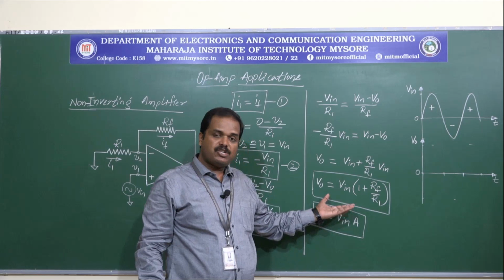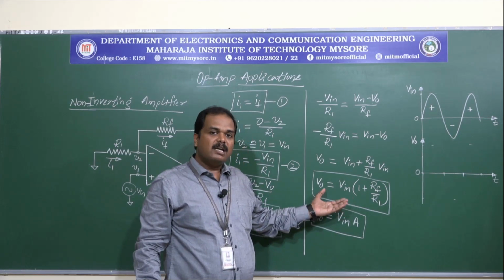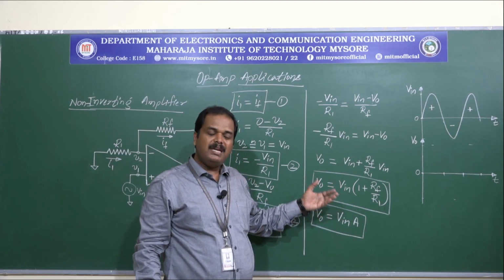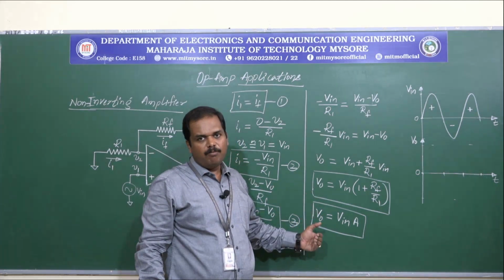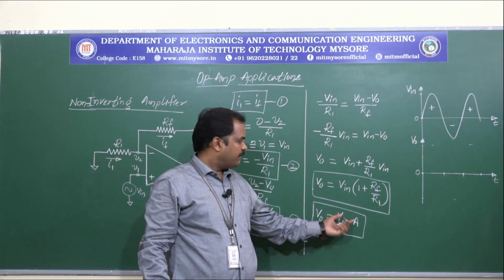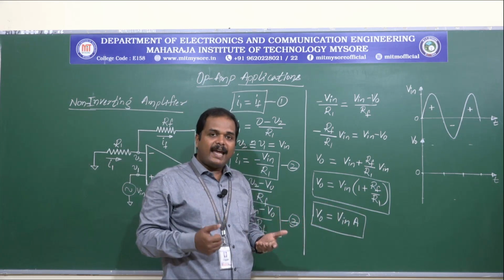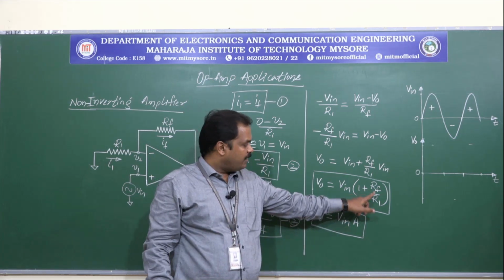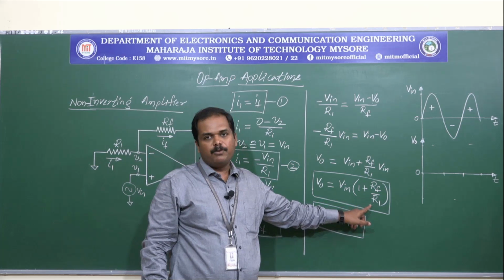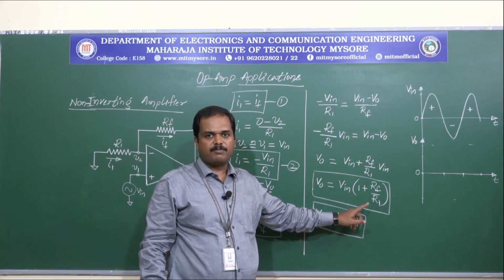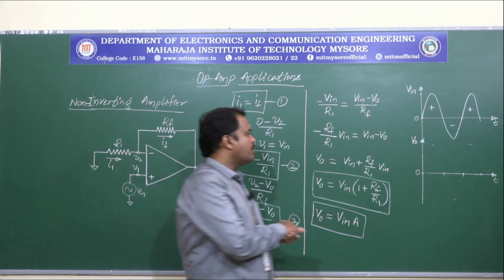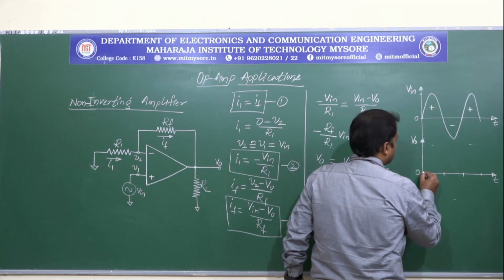And from this equation, what we can understand is the output voltage will be in phase with the input voltage signal with the gain 1 plus Rf by R1. So the gain can be varied by using the feedback element and the input element Rf and R1 respectively. So the output voltage waveform would look like this.